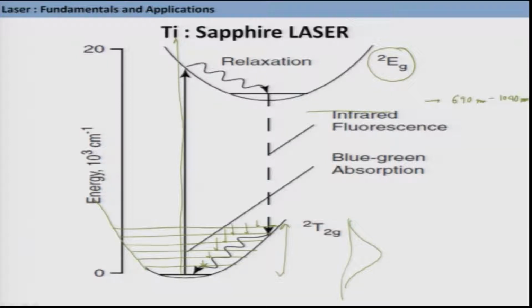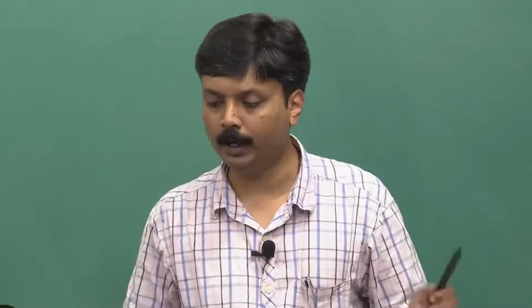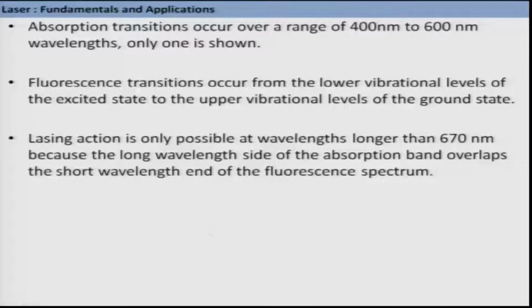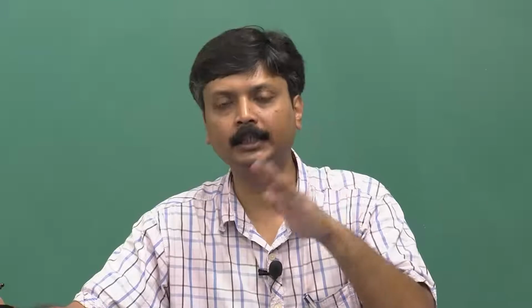So you have a range from visible to near infrared, as we said, from 650 to 1100. Quite a broad range. It is preceded by the absorption. Absorption can be anywhere from 400 to 600.